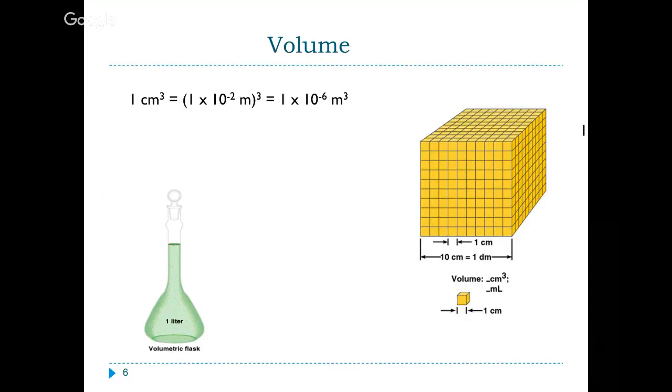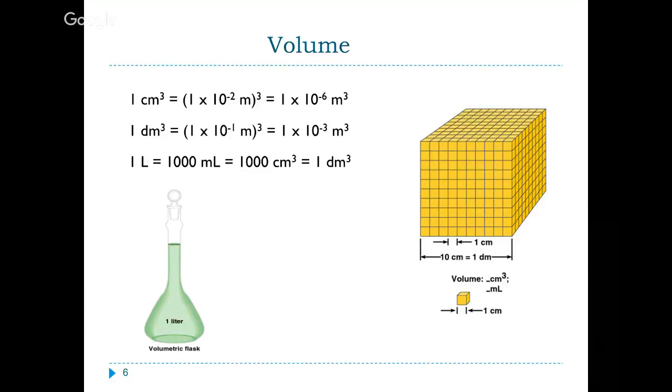Volume represents how much space an object occupies. Here we can take a look at some metric units and their correlations. A centimeter cubed, and this conversion is important because anytime you're converting a unit that has an exponent, a power, the factor by which you're converting also has to be raised to that same power.